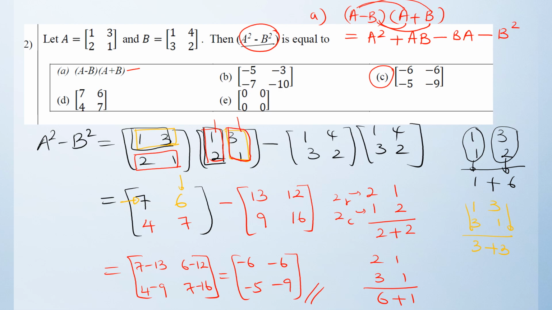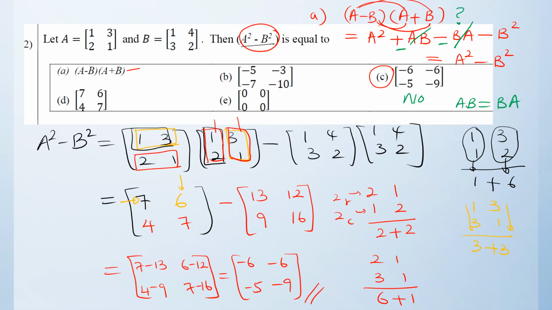We can have this as A squared minus B squared if we can cancel these two. Can we cancel these two? Actually, in general, no. We can cancel these two only when AB equals BA, since we have opposite signs here.